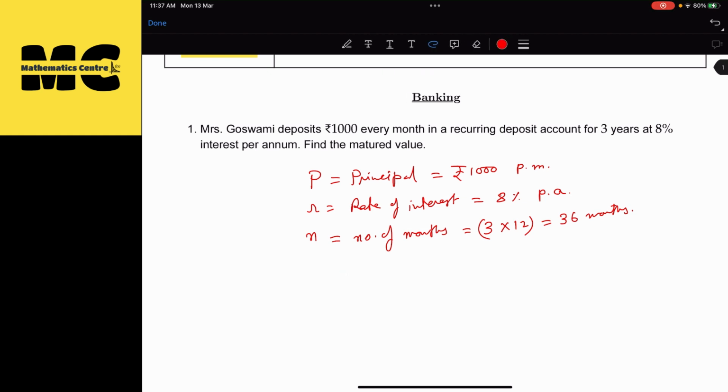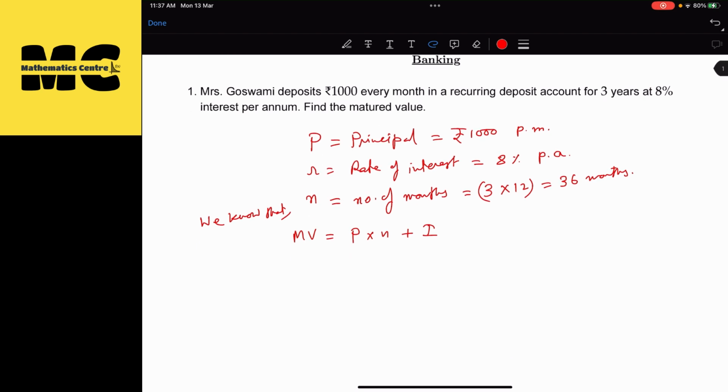So to find MV, we have to find P into N plus I. We know this thing. Now what is I? I equals the interest part. What is the interest?